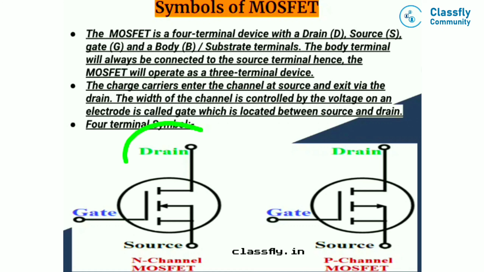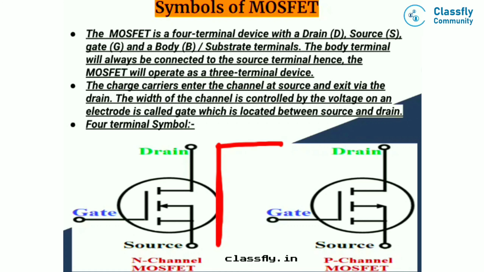So whenever it is a 4 terminal symbol, always remember that one will be a drain. If you want to make the 4 terminal N channel MOSFET, first draw an E like this, or you can draw it dotted also.